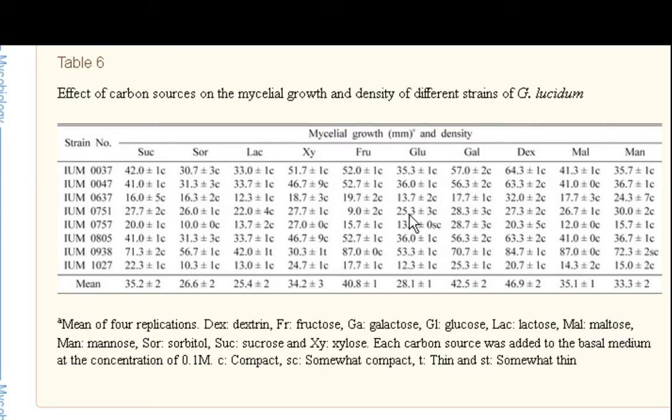It looks like the levels are lower for the most part. Dextrose, the levels are higher in most cases than either the fructose or the glucose. If we compare this to the sucrose, obviously the dextrose is the better, I think. If we look at the numbers on the bottom, the mean average, dextrose is pretty high on the list. In fact, it's actually the highest mean average.